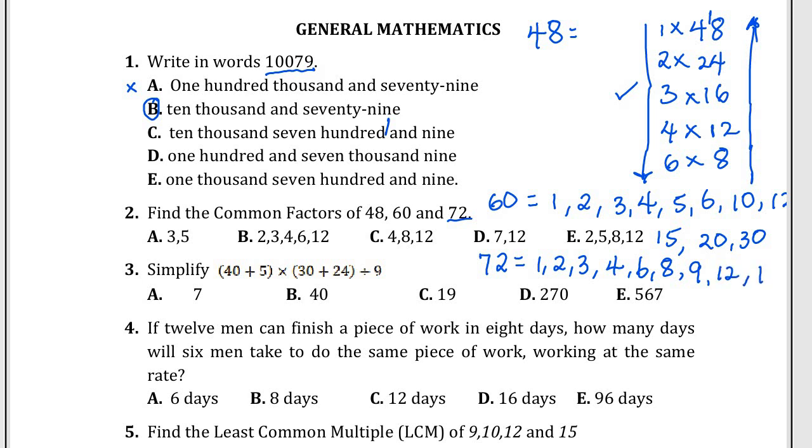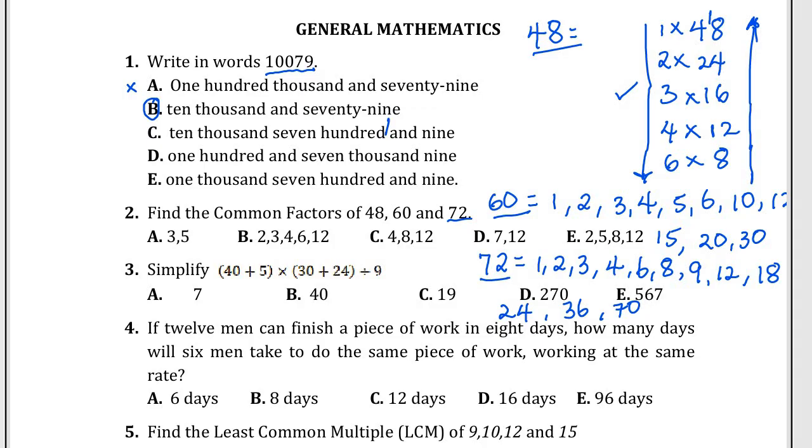All these numbers can divide 72. That is why they are factors. Then we have 24, 36, and 72.